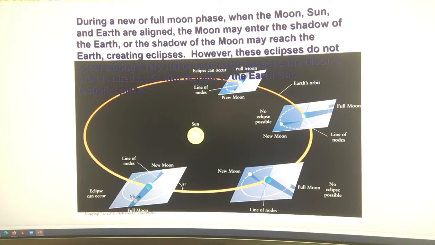The reason is because the moon's orbit is inclined at about 5 degrees to the ecliptic. So not all orbital configurations produce an eclipse. Only when the moon crosses the plane of the ecliptic during its new or full phase can such an eclipse take place.